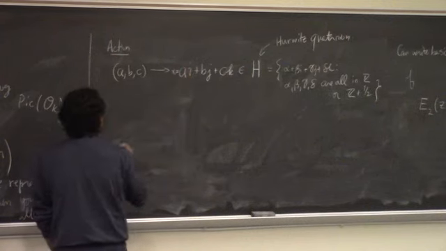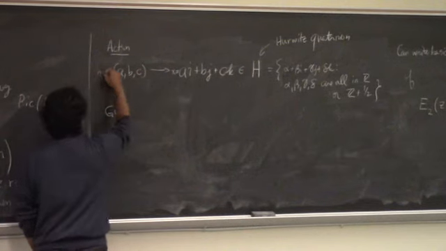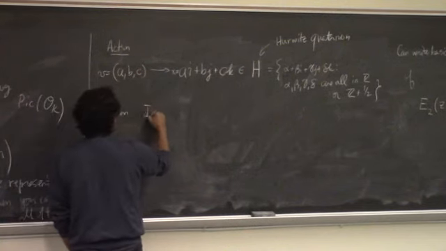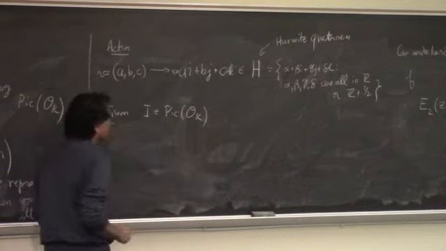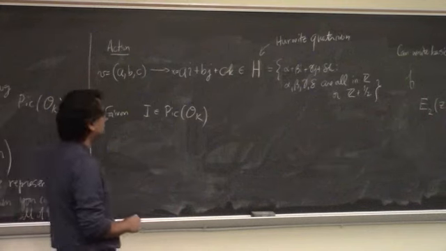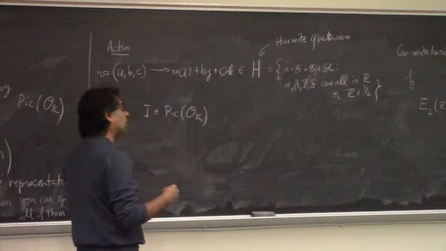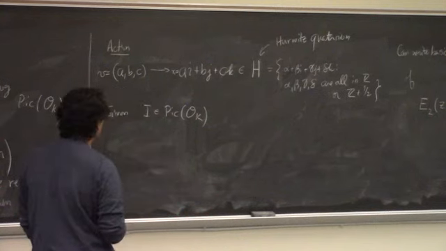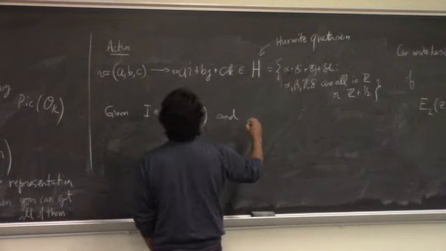And I'll call this b, given i, j, k all in b or all in b plus a half. All four of them are integers or all four of them are integers plus a half.